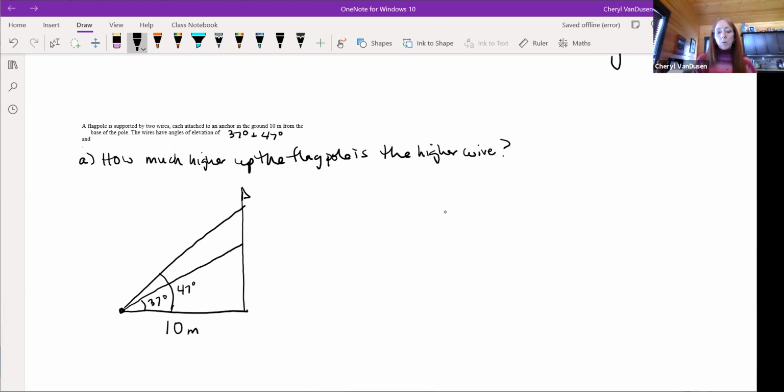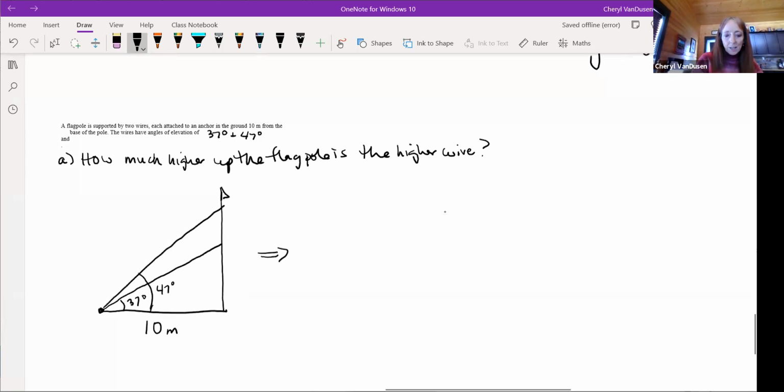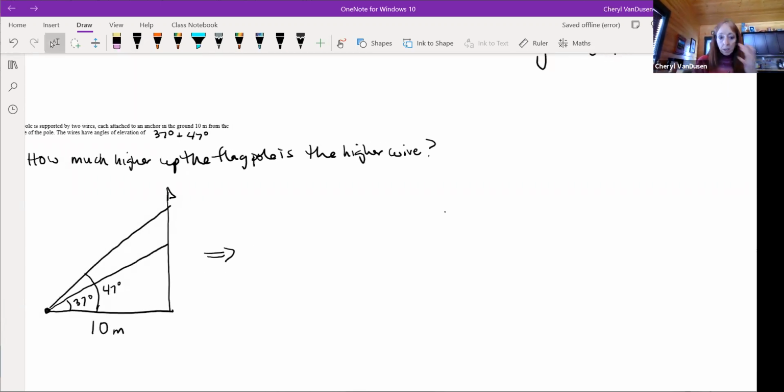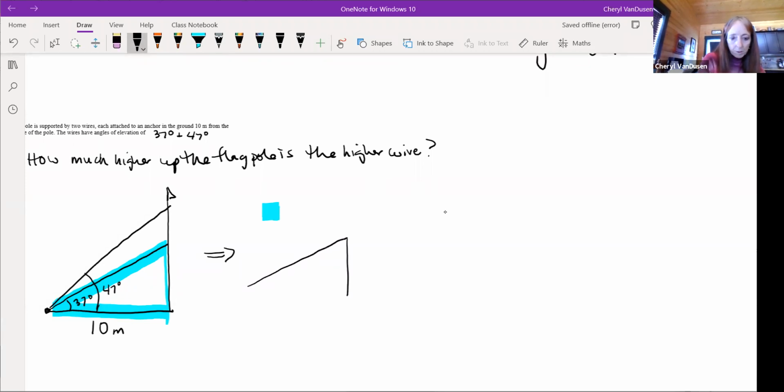Now, I don't like when they're all together. So once I get my diagram, I feel much happier as a math human breaking things out and making them separate. So I'm going to highlight what I'm doing. I'm going to take this smaller triangle that I'm highlighting in blue, and I'm going to do it first here. So I'm taking just the smaller stuff.